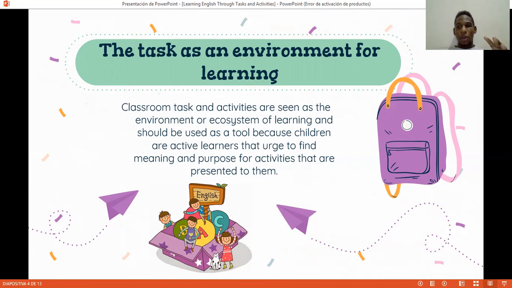So in that way, they will try to give their best effort in each activity in order to be the winners. For example, if we plan a spelling contest or a writing contest, they will try to use all of what they know in order to complete the activity in an effective way.